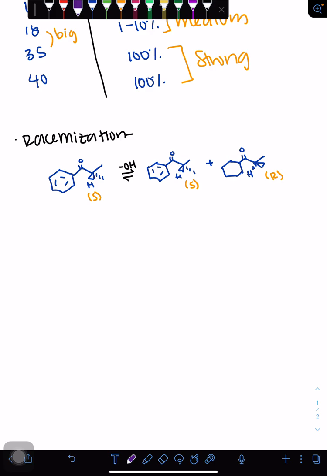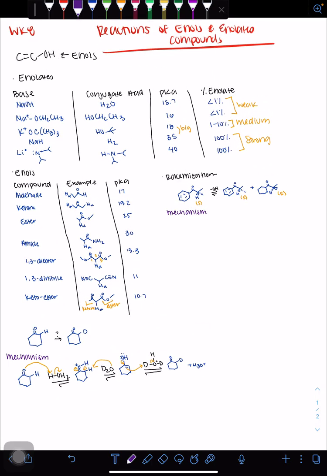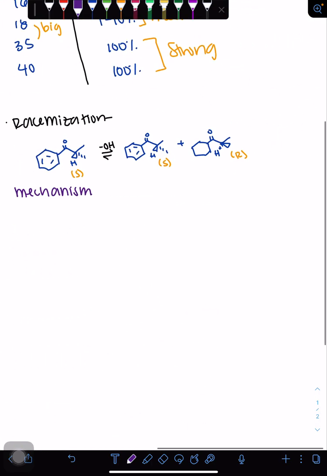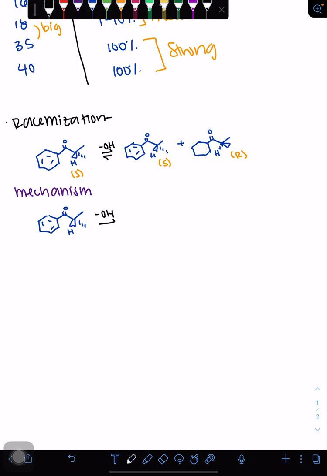And the mechanism for this one is we start with the starting material like always. We start with our OH group.